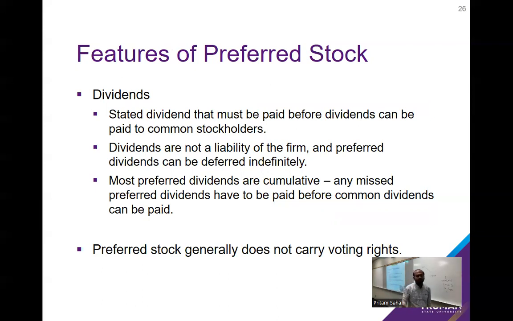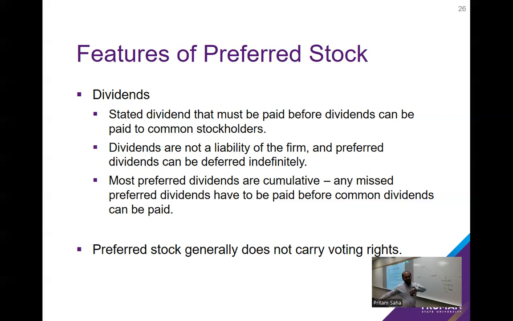It's not a kind of ownership, but you'll always get a fixed dividend from owning a preferred stock. So preferred stock dividends could have different characteristics. A very common characteristic is that the preferred stock dividend is fixed flat. If they pay you $1 each year, they'll keep paying you $1 forever.